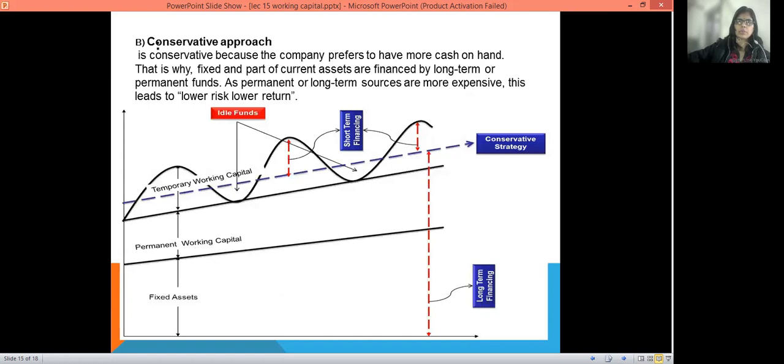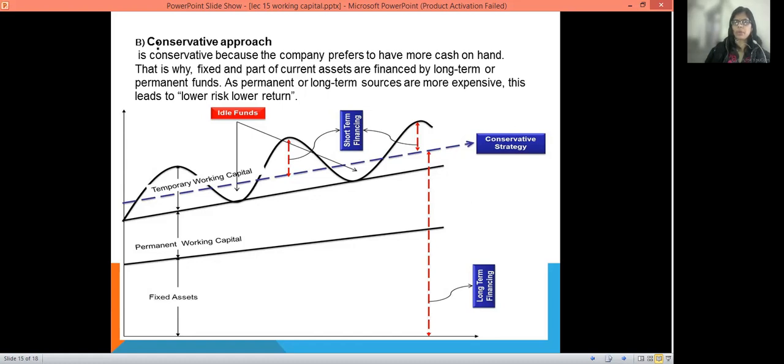Next is the conservative approach. Here the company prefers to have more cash on hand, and that is why fixed assets and part of the current assets are financed by long-term or permanent funds.